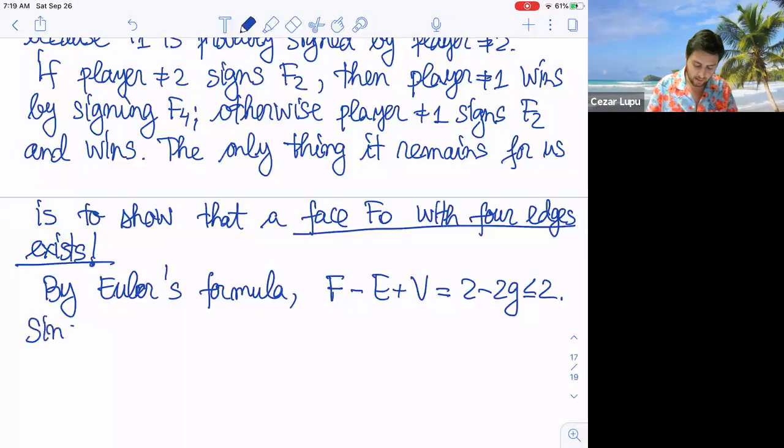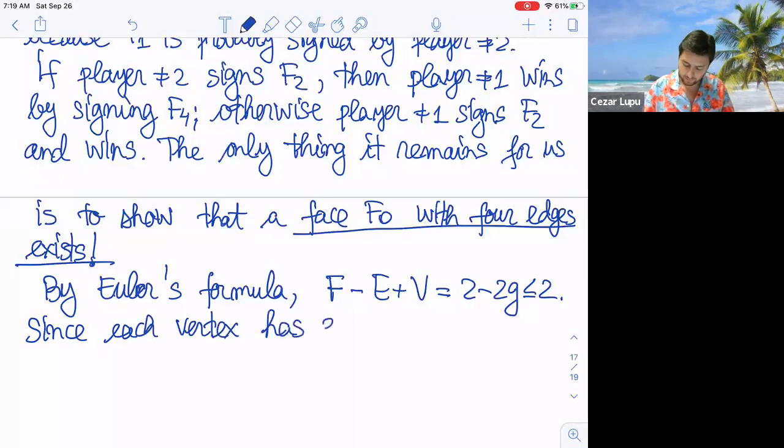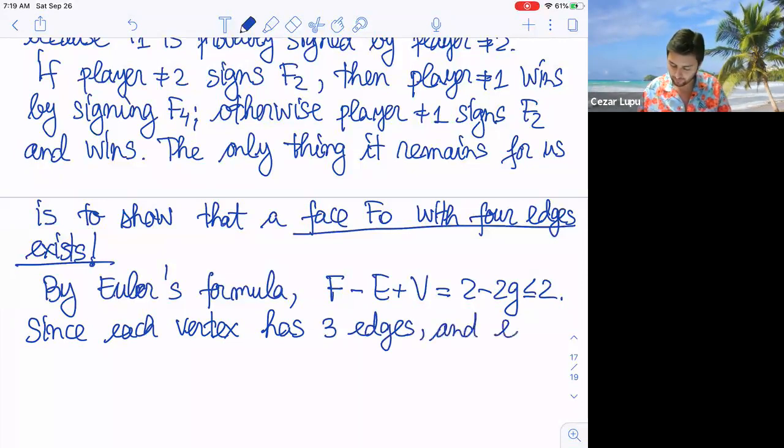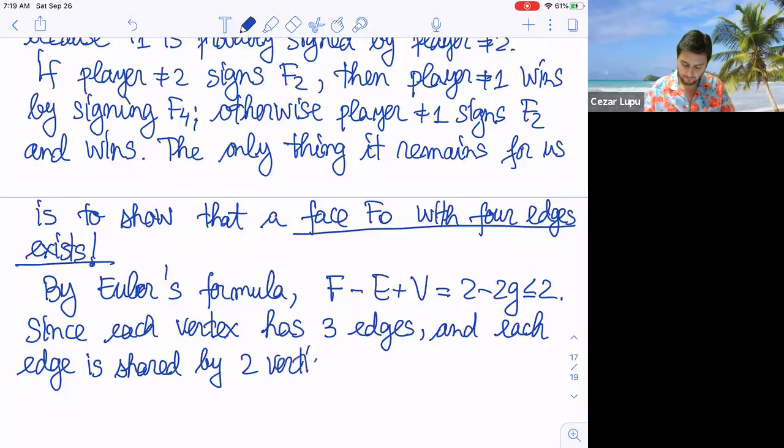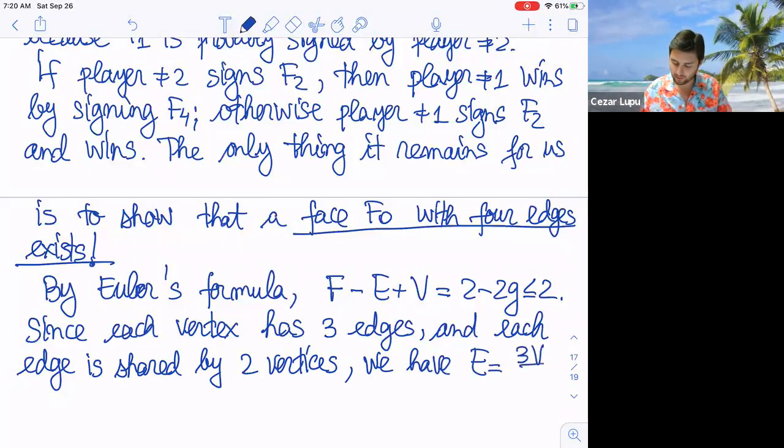So since each vertex has 3 edges, and each edge is shared by 2 vertices, we have that e is nothing else than 3v over 2.